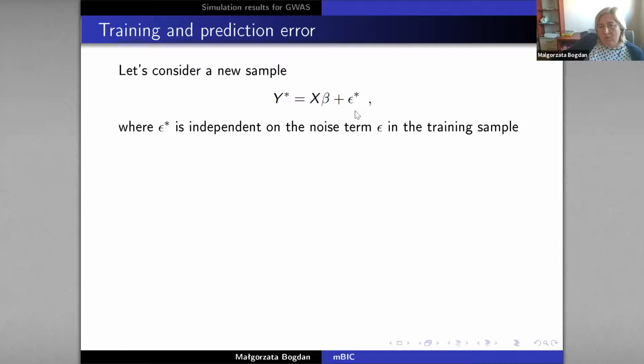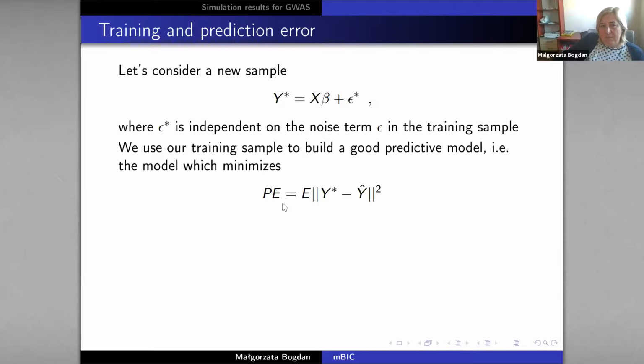And I want the model which is trained on the training sample to be able to predict well a new observation, a new y star. So my prediction error is the expected value of a squared difference between a new sample with new epsilons and the prediction which is based on the training sample.